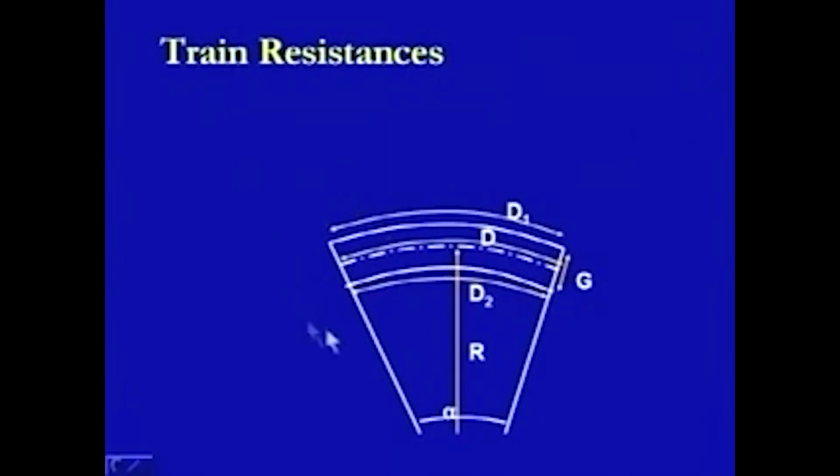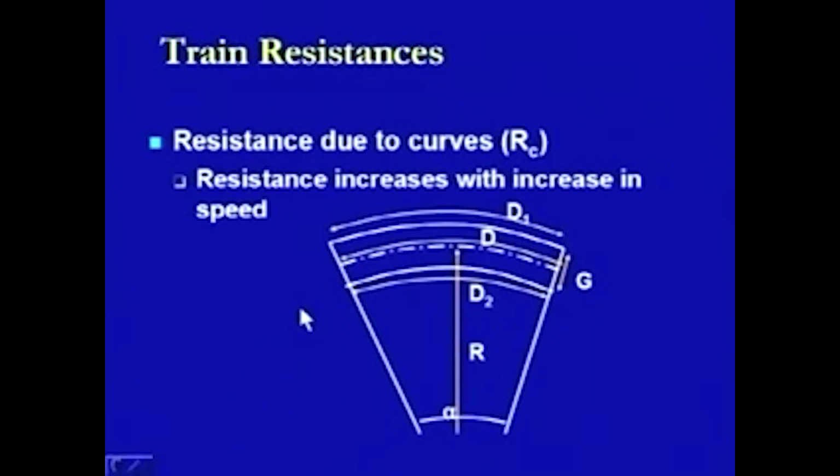From this pictorial diagram itself, we can easily see that this distance moved d2 is going to be smaller than the distance moved at d1, and this is what is to be taken into consideration as the curve resistance being offered by this curve. And this resistance increases with the increase in the speed.